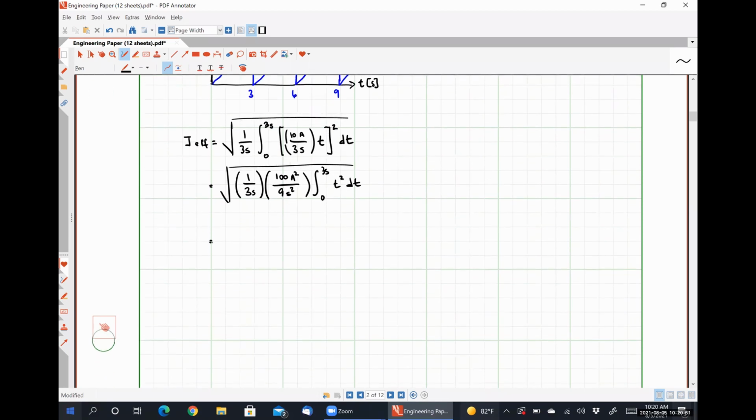And we perform the integration. So the integral of t squared is t cubed over 3, right? We're going to evaluate that at 3 seconds and 0 seconds.